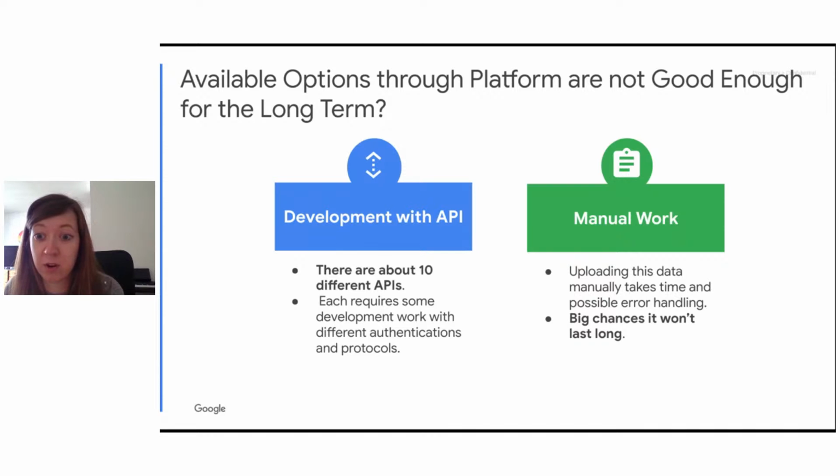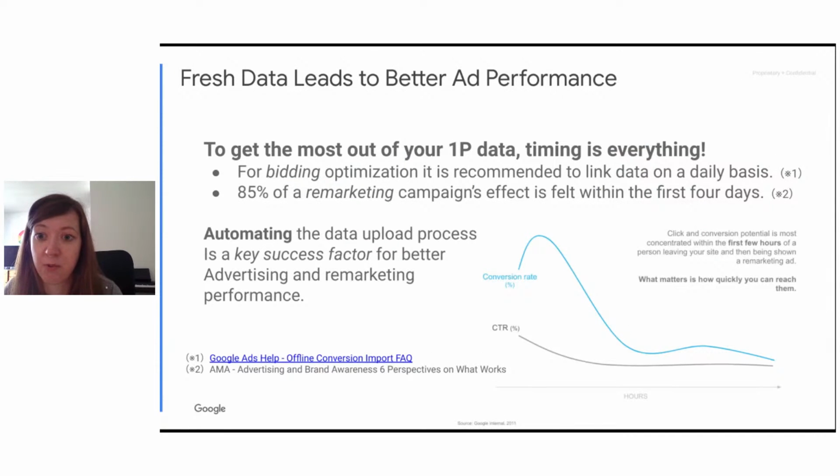Plus, to get the most out of your first-party data, timing is also everything. For bidding optimization, it is recommended to link your data on a daily basis. And 85% of remarketing campaigns effect is felt within the first 4 days. So timing really matters.